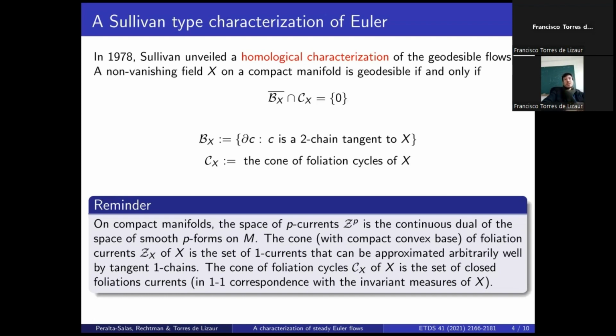So it's, in some sense, a generalized periodic orbit of the vector field X. And actually, you can show that these objects are in one-to-one correspondence with the invariant measures of the vector field X. Okay. So we can call them generalized periodic orbits. So Sullivan's characterization is saying that a generalized periodic orbit cannot be the boundary of a generalized tangent surface.